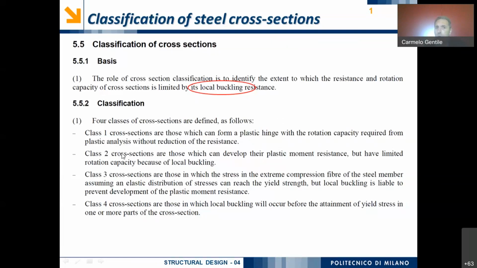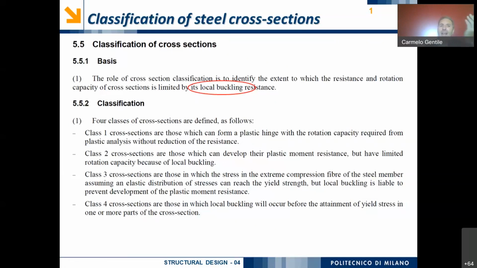Also, for class 2 cross-sections, it is possible to refer to both MN interaction domains, because class 2 cross-sections are defined as those which can develop their fully plastic bending moment, but have a limited rotation capacity because local buckling is beginning to play some role. Of course, when passing to class 3, it is not possible to develop the fully plastic resistance because of local buckling of the compressed part of the cross-section.